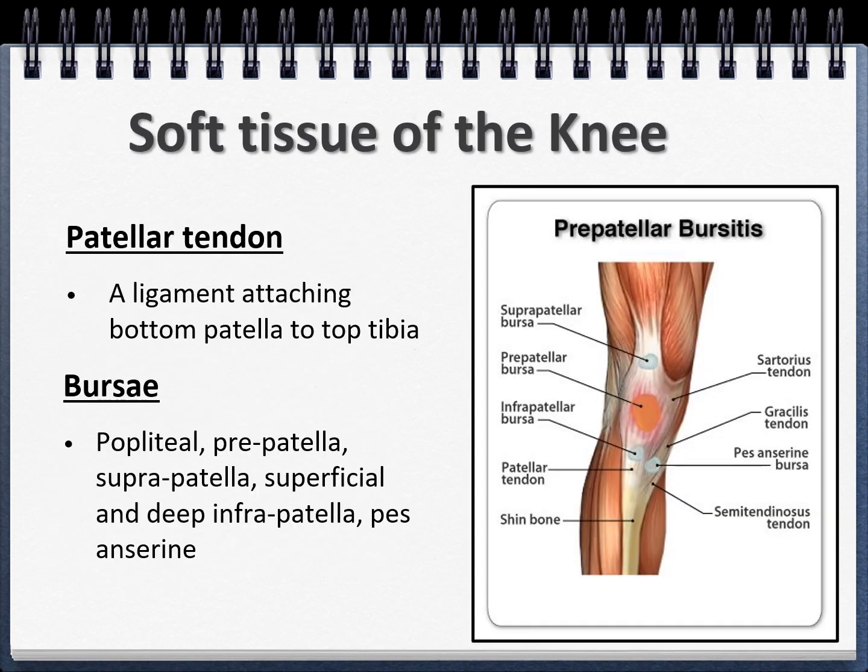So we're going to have a look at the patellar tendon. The rectus femoris muscle comes down, which is obviously one of the most superficial quads, comes down the whole length of the thigh and then attaches to and turns into really the patellar tendon. And the patellar tendon is a ligament that attaches to the bottom of the patella and the top of the tibia.